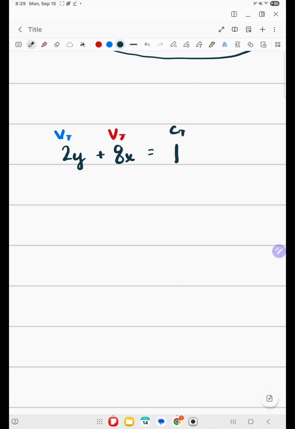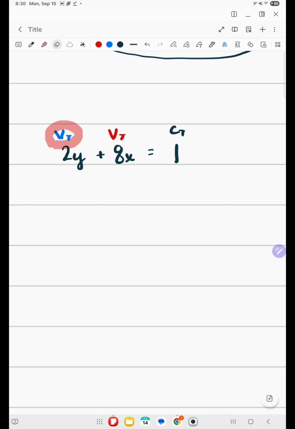Remember, our goal is to get the y by itself. So we want this variable term by itself, so we have to move everything else, our other variable terms, to the other side of the equation. Move this 8x to this side.